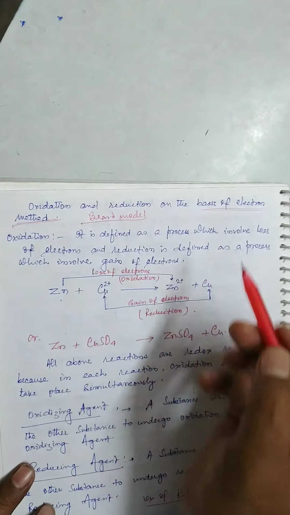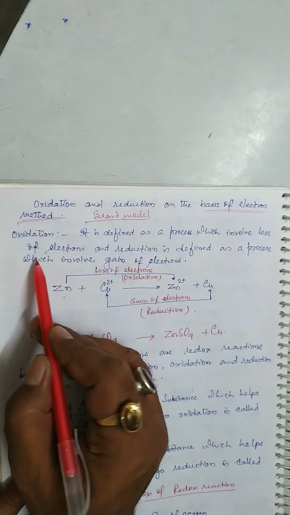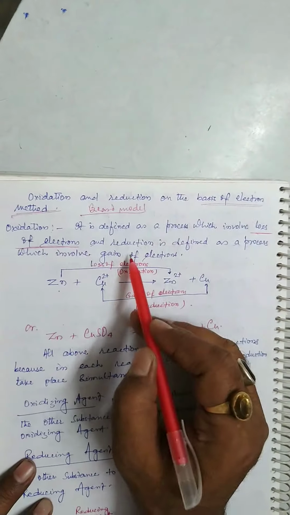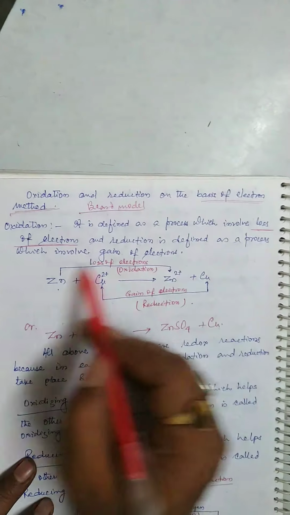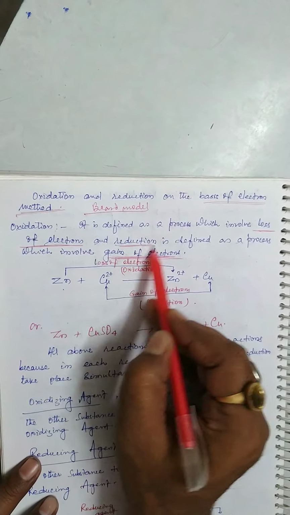Oxidation is defined as a process which involves loss of electron. Loss of electron is called oxidation, and reduction is defined as a process of gain of electron. Gain of electron is called reduction.